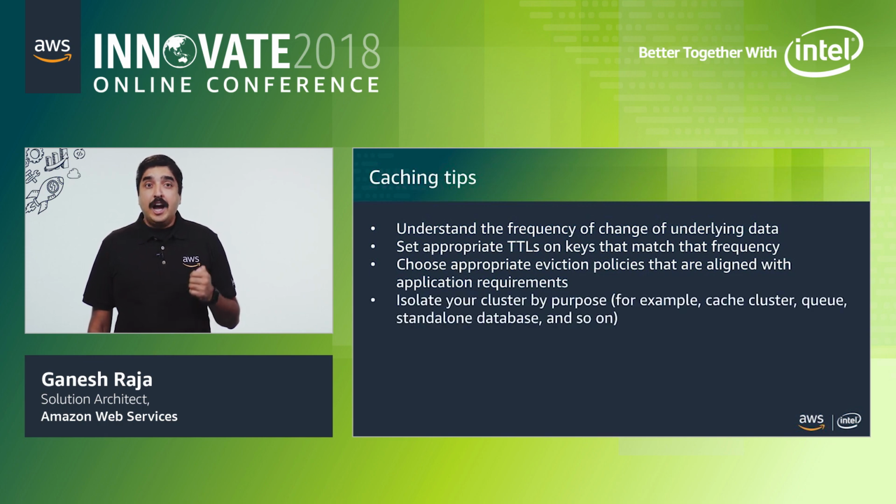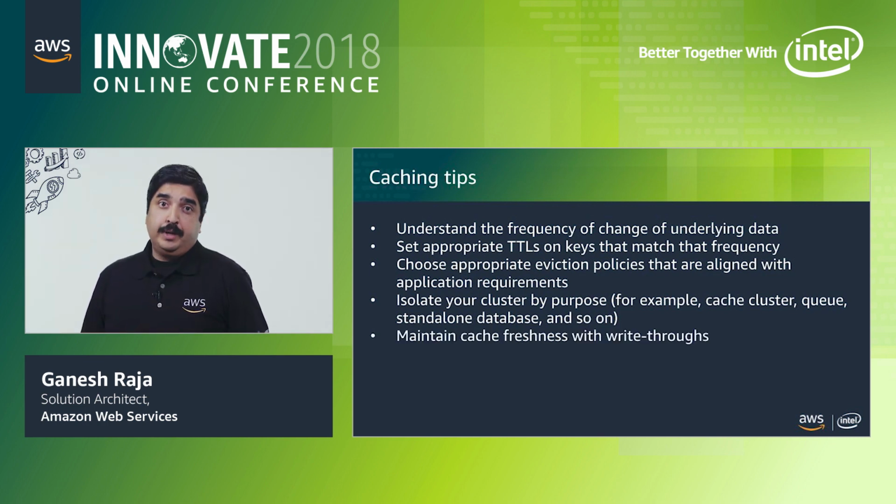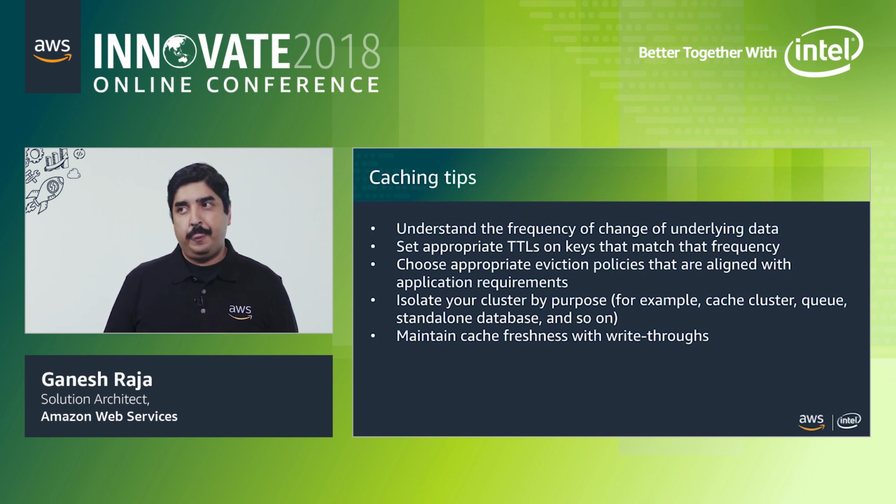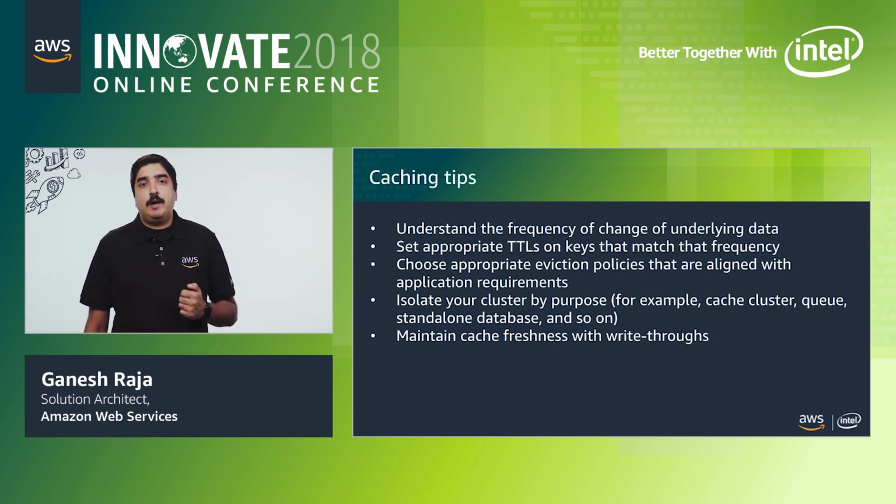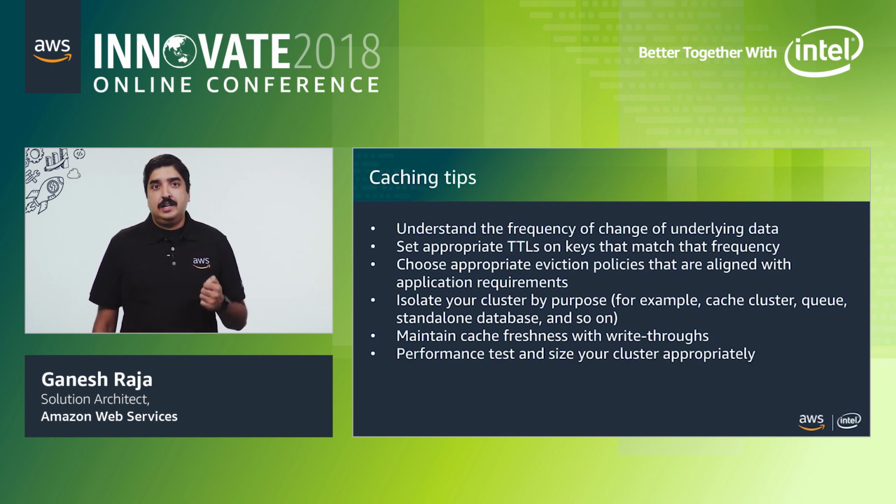Fourth tip, isolate for the purpose, like database cache and queue cache. Don't have them in a single cluster. Fifth tip, maintain cache freshness by doing write-through. This will also ensure you don't serve stale data to your users. Sixth tip, test, test, test.